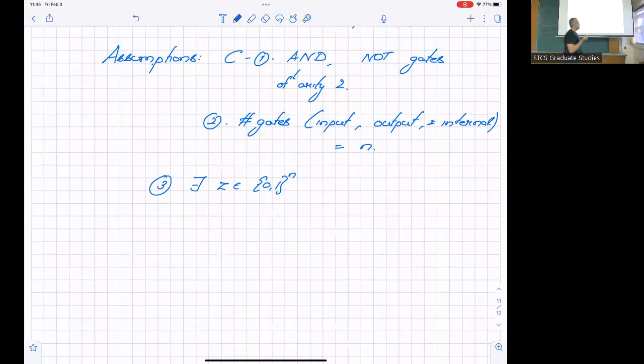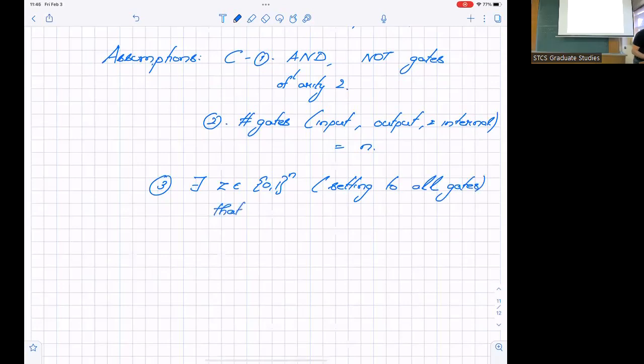So, does there exist a Z, which is a setting to all gates, that respects the functionality of the gates, and the top gate is 1? Then I have included the output gate as a gate, so that was taken care of.